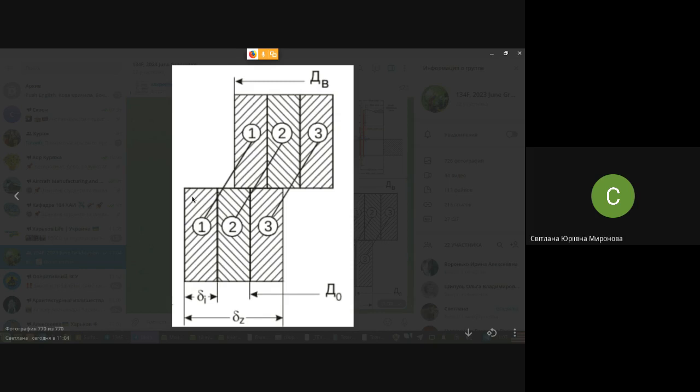And during assembling, only parts from respective groups are assembled in order to guarantee the recommended clearance or interference, in order to guarantee the recommended fit.